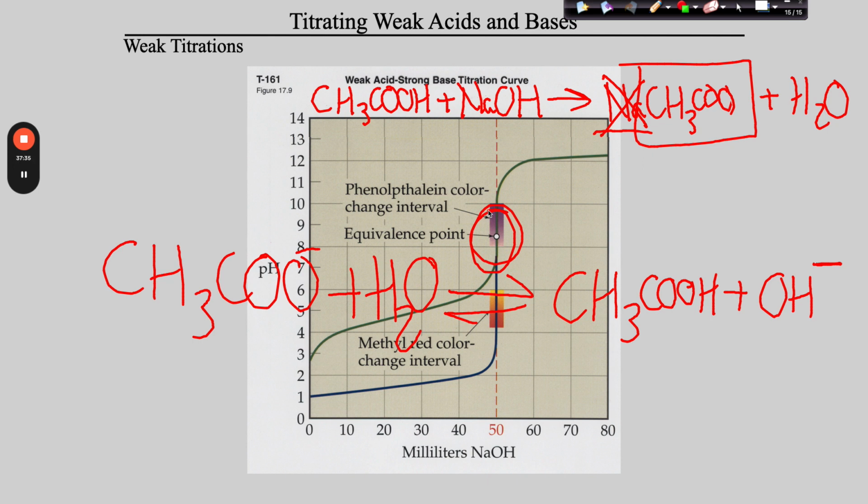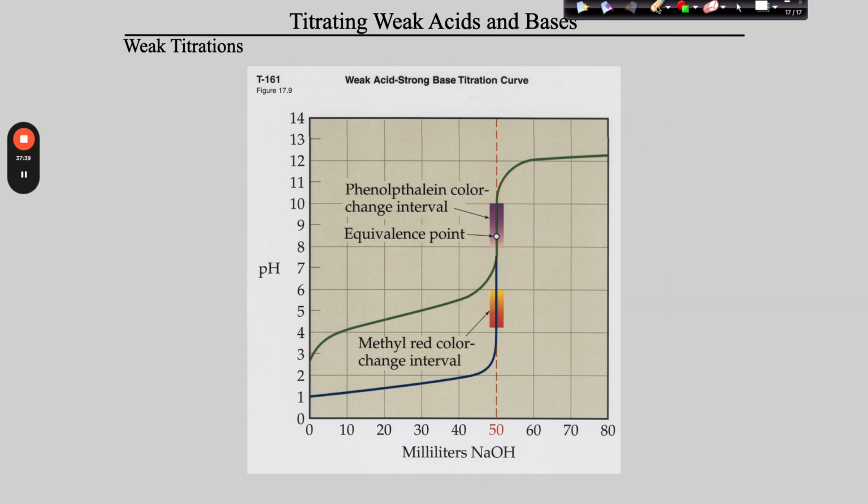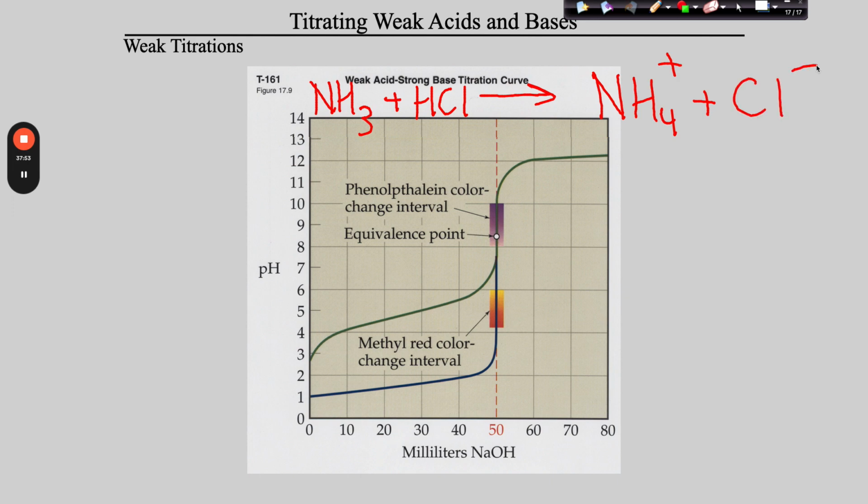Sure. Do you want to do it quick? Yeah, so imagine that our base was something like NH3, and then imagine that our acid was HCl. So when we look at our products, we've got NH4 plus and chloride minus, right? So chloride is the child of the strong acid. This is negligible.